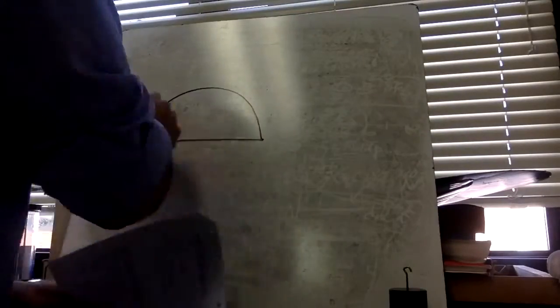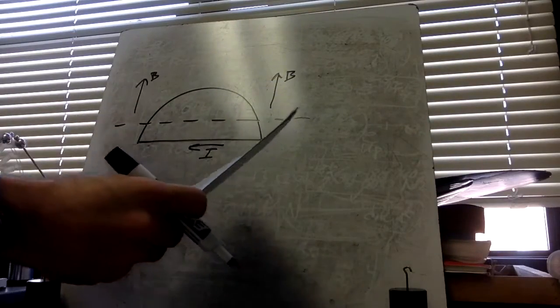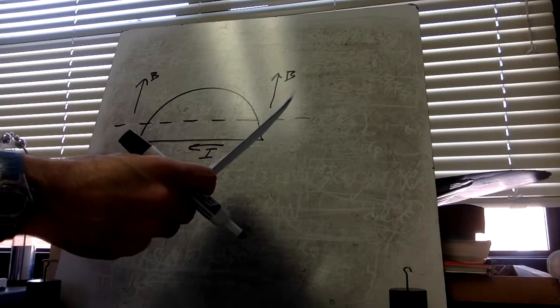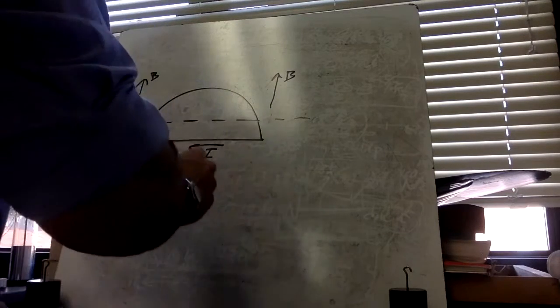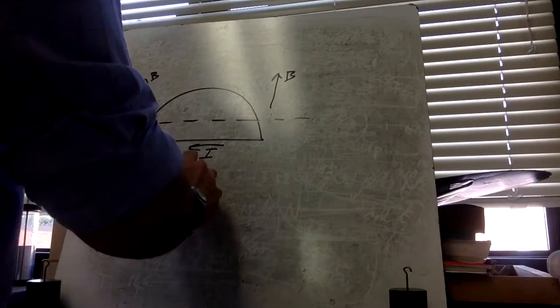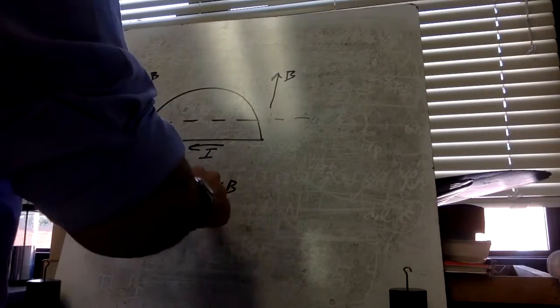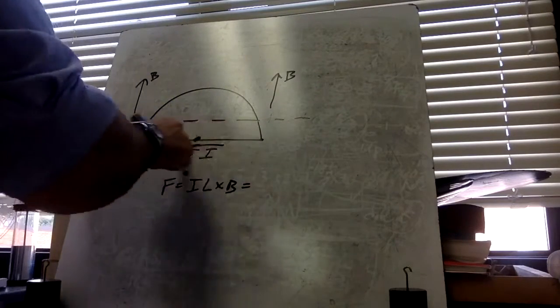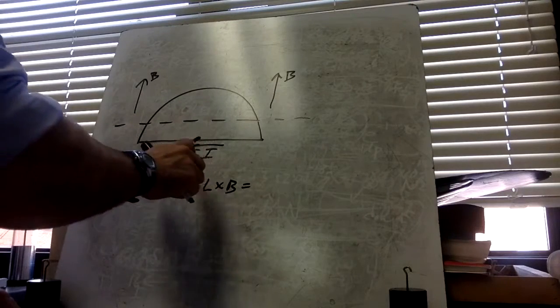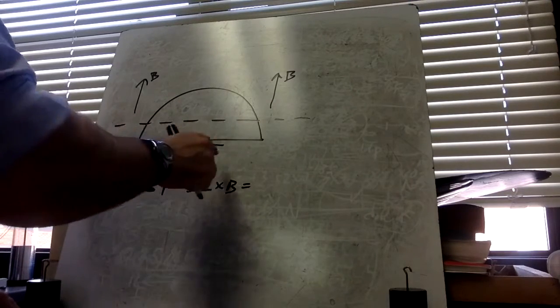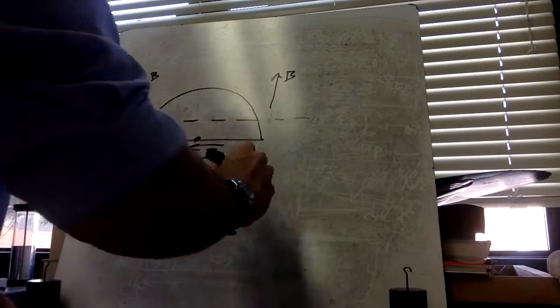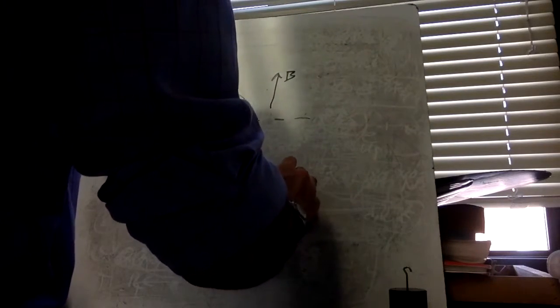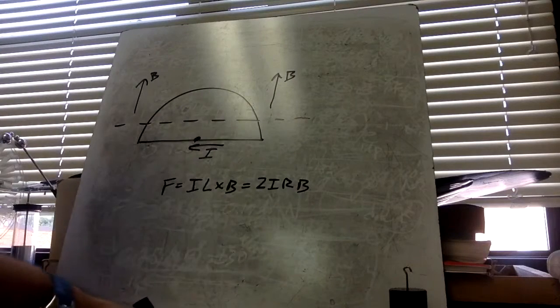And then in example 6, let me draw this one. And so A says find the magnetic force on the straight section of the wire. Well, the straight section of the wire, the force F is IL cross B, but L here, this length, is 2 times the radius, and this vector of the length is perpendicular to B, so this is just going to be 2IRB.